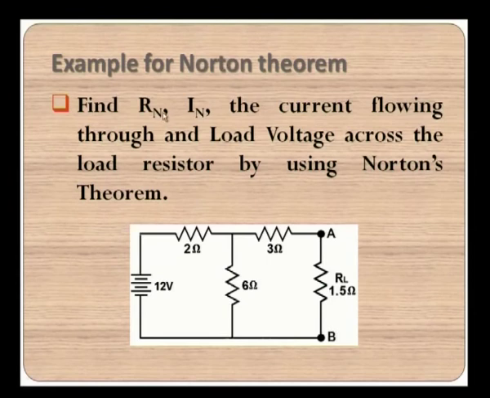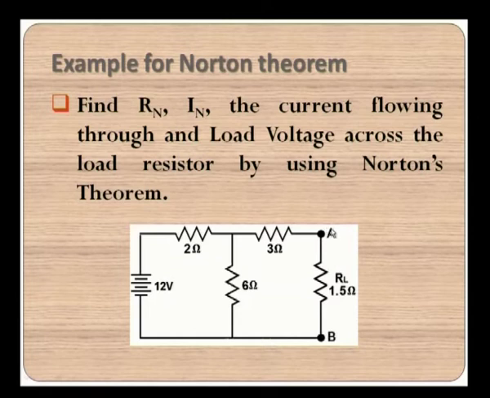Find the Rn and In, the current flowing through the load and the voltage across the load resistor by using the Norton theorem. First, we need to find out the Rn and In and then find the current that is flowing through the resistor RL. What is asked? The current flowing through the load and the voltage across the load by using the Norton theorem.